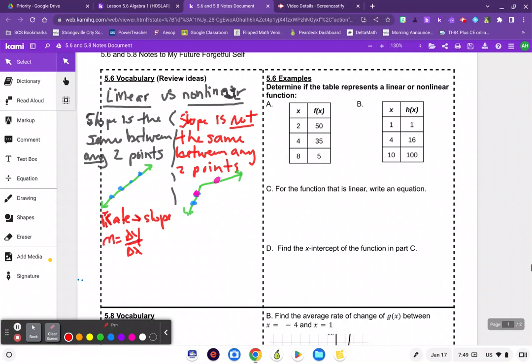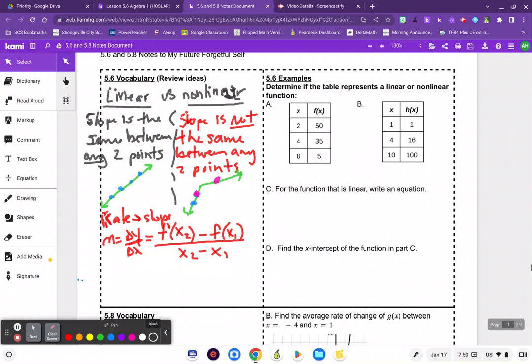I'm going to write that a little bit differently. Before we had talked about y2 minus y1 over x2 minus x1, but now we're using this function notation, so I'm going to write it with this function notation. F of x sub 2 minus f of x sub 1 all over x sub 2 minus x sub 1.